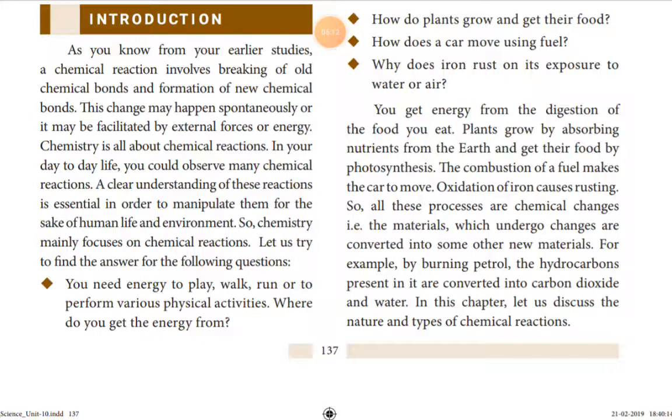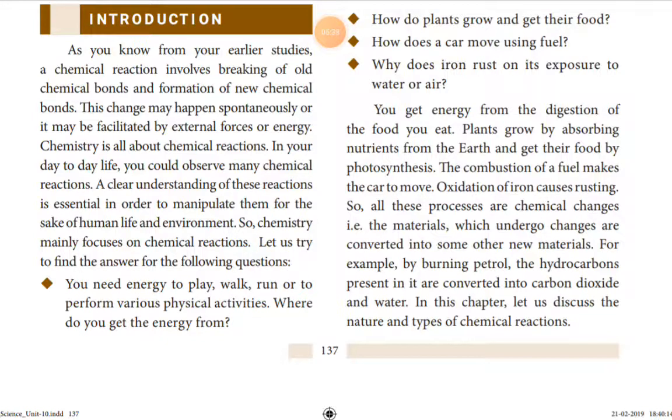Calcium hydroxide is formed. Then that calcium hydroxide is pasted on the wall, and after a few days it absorbs carbon dioxide from the atmosphere and gives a bright whiteness to the wall. So chemical reactions are involved in this process.